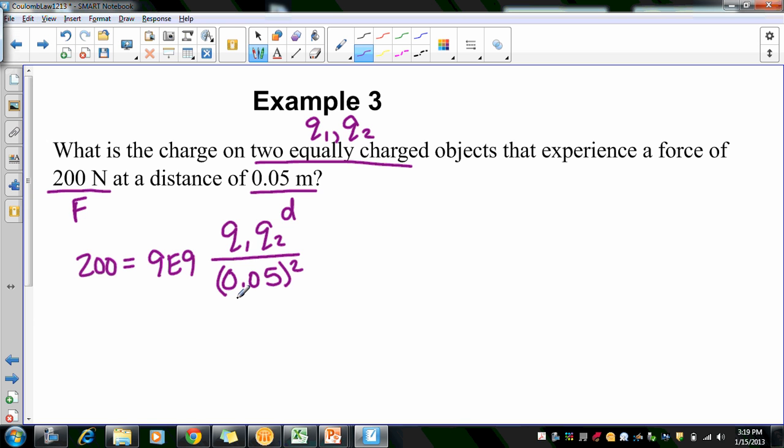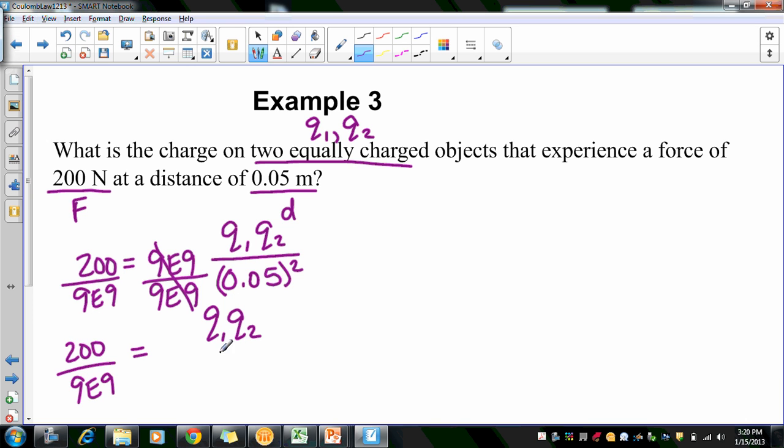So again, we're going to start with all of our steps. First thing we're going to do is divide by 9E9. And so we have 200 over 9E9 equals Q1, Q2 over 0.05 squared.